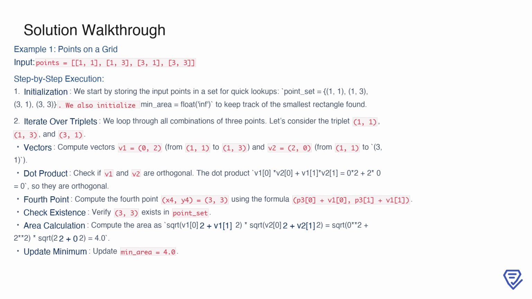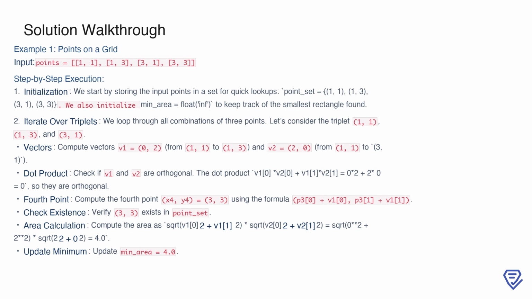Here, the dot product is indeed 0, so we proceed to find the fourth point of the rectangle, calculated as (x4, y4) equals (3, 3). We confirm that this point exists in our point_set. Once all points are validated, we calculate the area of the rectangle using the magnitudes of the vectors.